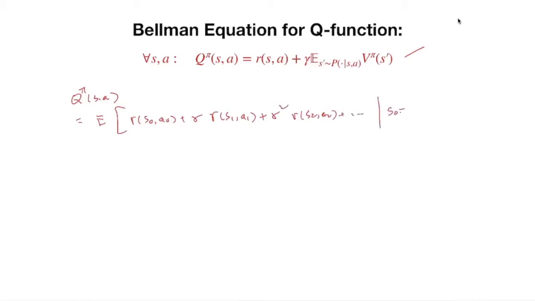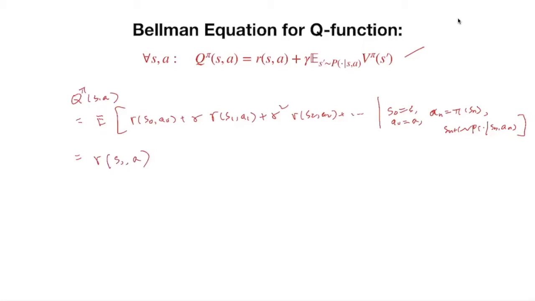Remember that S0 equals S, A0 equals A, and pi of AH equals SH, and SH plus 1 is from this transition. We're going to use the linearity of expectation, so just pull the first term out. Remember, S0 is set to be S, A0 is set to be A.